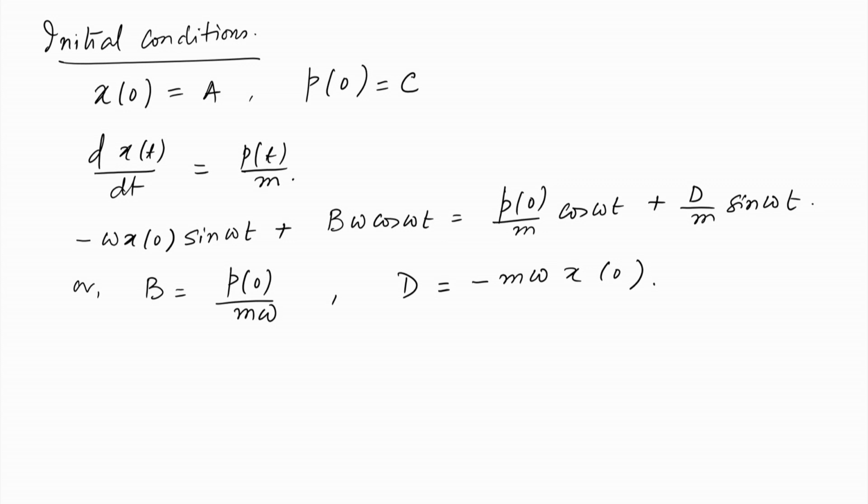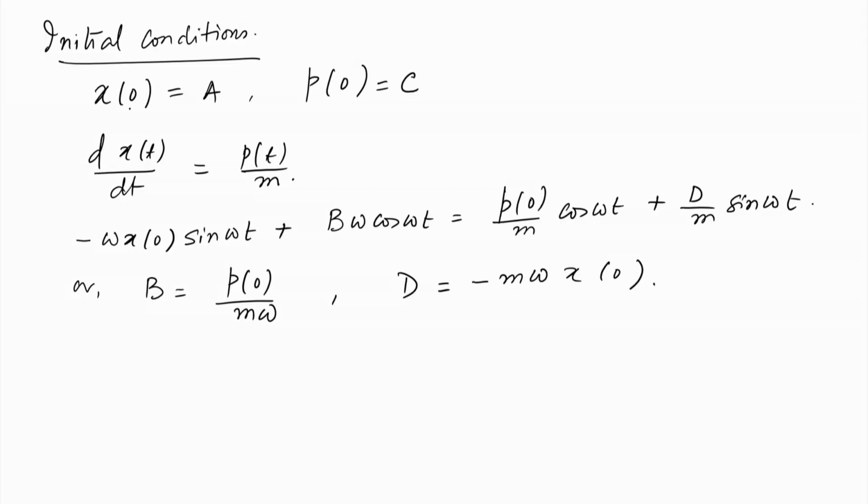So, now all the coefficients are calculated: a is equal to the value of x at t equal to 0, c is p at t equal to 0, b is equal to p at t equal to 0 by m omega, and d equal to minus m omega x at t equal to 0.